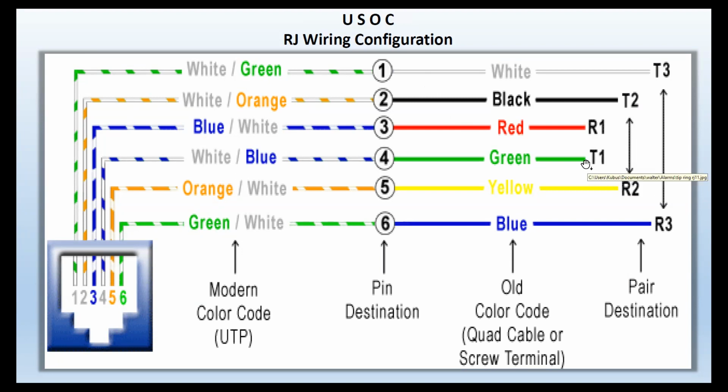So here's tip 1 and ring 1, telephone line number 1. Here's telephone line number 2. Here's telephone line number 3. Now, this jack will be RJ12 because it has 3 pairs.